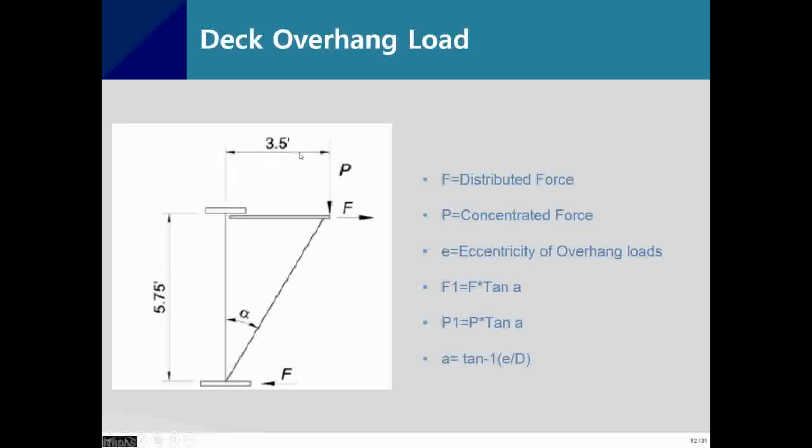If you just tell the program the eccentricity of the overhang, Midas Civil automatically calculates the angle alpha, and that will be applied to get F1, which is F times tangent alpha, and P1 equals P times tangent alpha, and those calculations will be done by Midas Civil. So for the deck overhang load, you have to tell the program the distributed force and concentrated force, and the eccentricity of the overhang load.